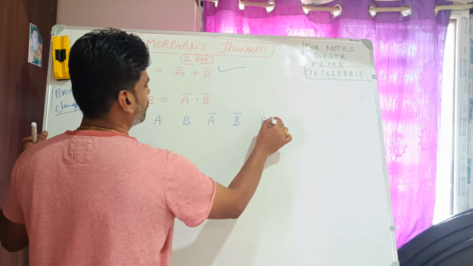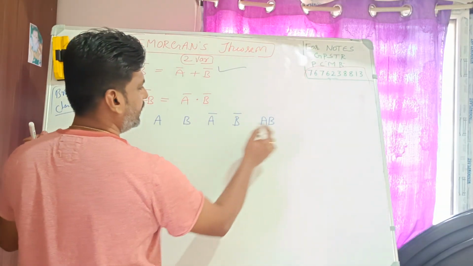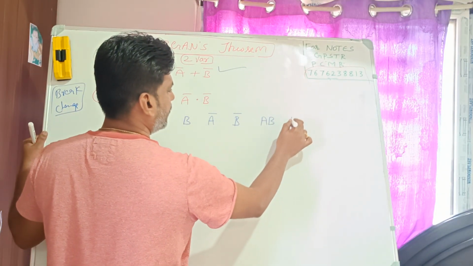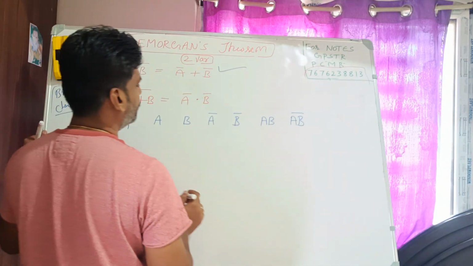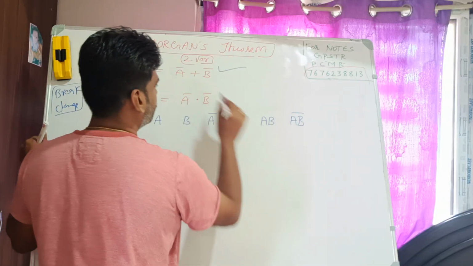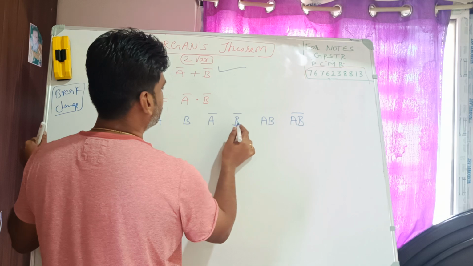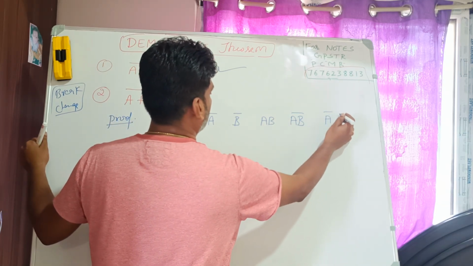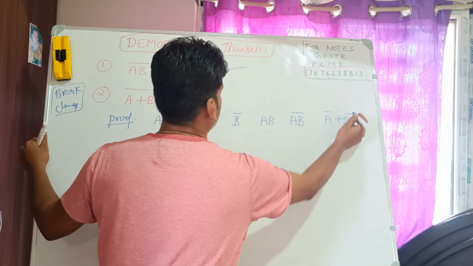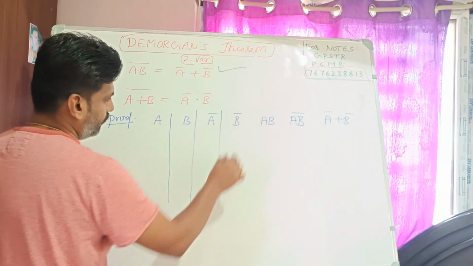The LHS is the complement of AB. So first I will write AB, later I will write AB complement. And at the last, I should write this. So instead of writing that, you should add this and this, right? So it is this, right? So we should go for the proof.